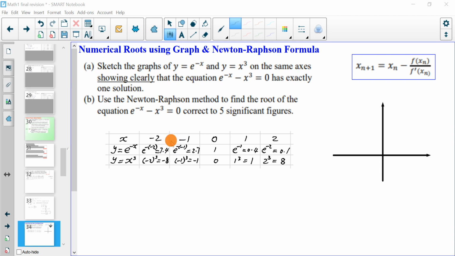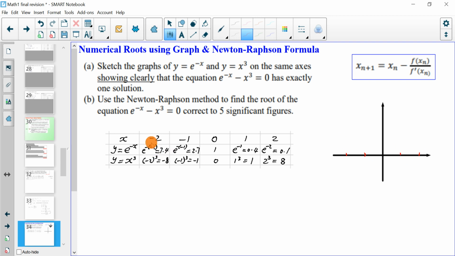Now, my data table is filled. I just need to plot the pairs of x, y values. So I'm going to use two different colors. I'll plot my e to the minus x in red and x cubed in a different color. So when x is minus 2, let's just put a bit of grid on here.